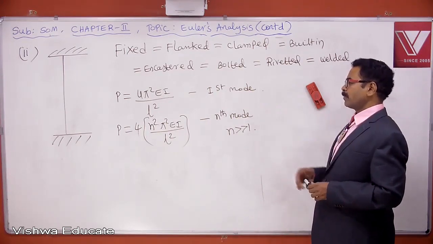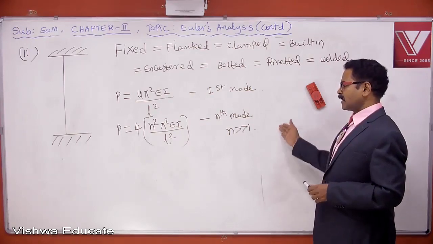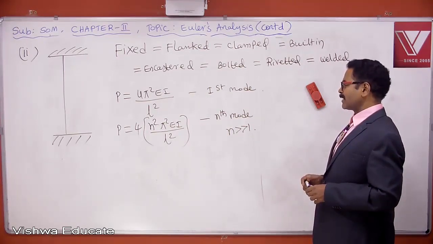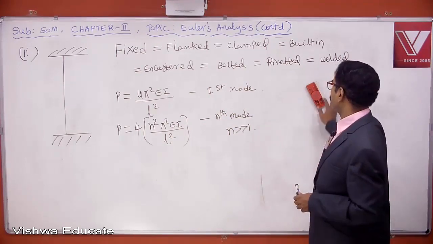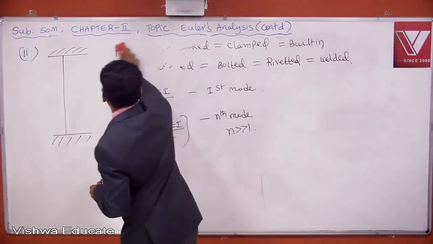In the first mode, 4 pi square EI by L square. In the nth mode, 4 into N square pi square EI by L square, when N is very much bigger than 1.